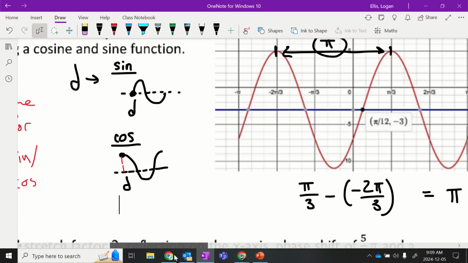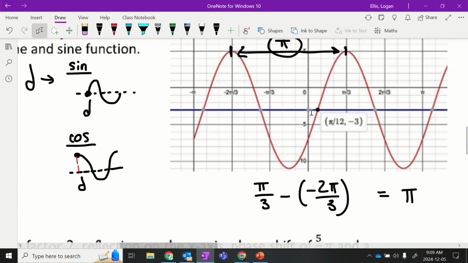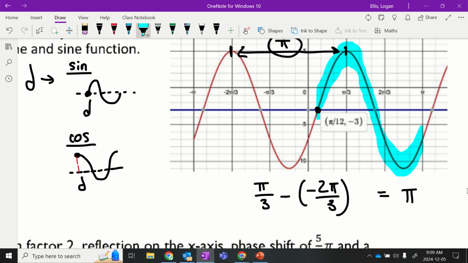I can see right here, notice how they give us this point? This point right here is pi over 12, right? And if I was to almost take a highlighter here, this section is a sine function, right? That looks like a sine function. I'm going to erase that because that is hideous. But what we would say then, the d value for a sine function, you just do pi over 12.